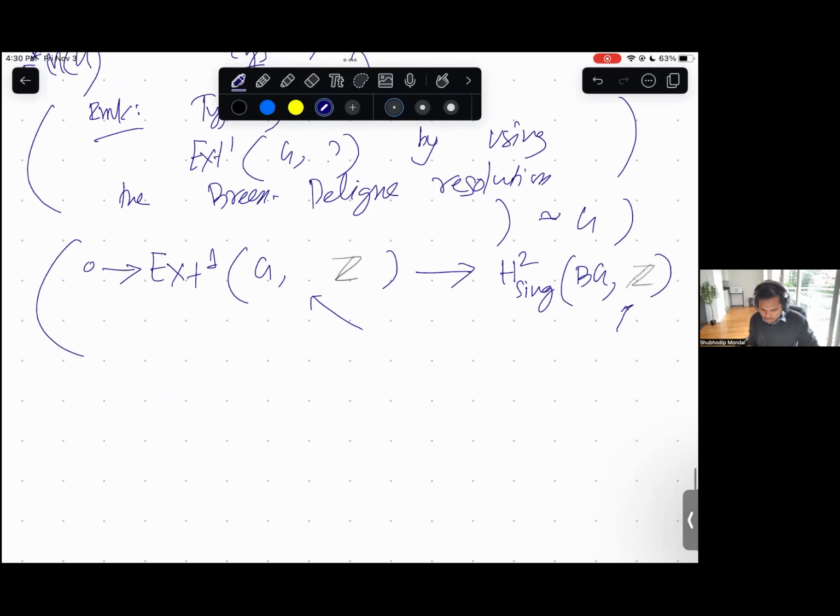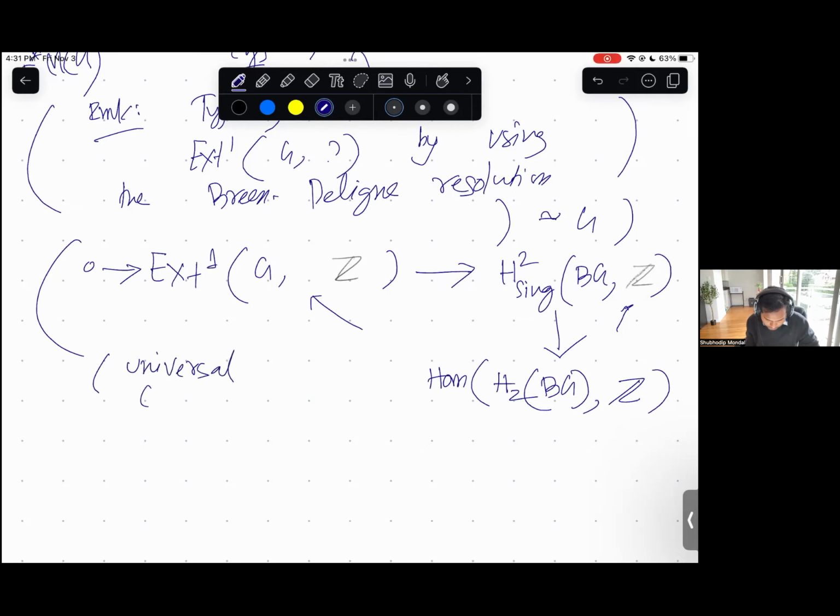In this situation, I think we have an exact sequence, so we can understand the next term as well. This formula is what's called the universal coefficient theorem. Here again, I guess I'm doing singular homology.